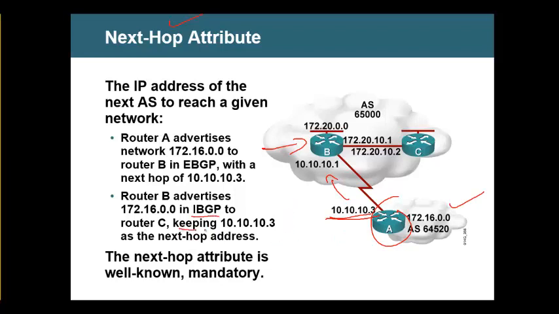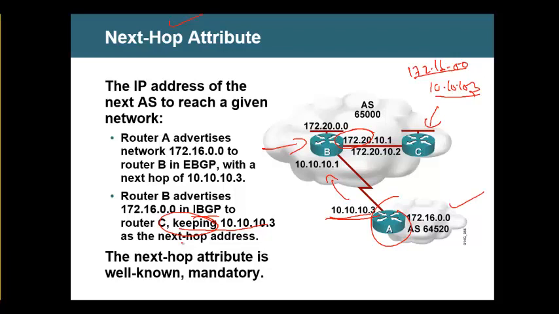So, without changing the next hop, when C receives it, C will receive with the next hop 10.10.10.3 only. For this network, you will not see next hop 172.20. You will see next hop 10.10.10.3 because the next hop is kept. The next hop is not changed. It is kept the same as it received from eBGP without altering.